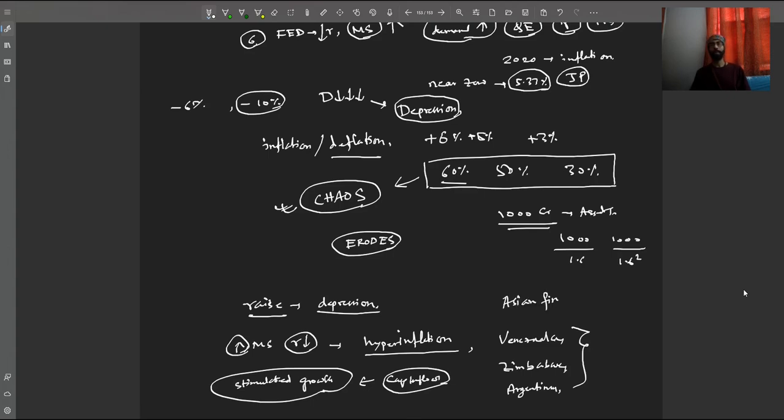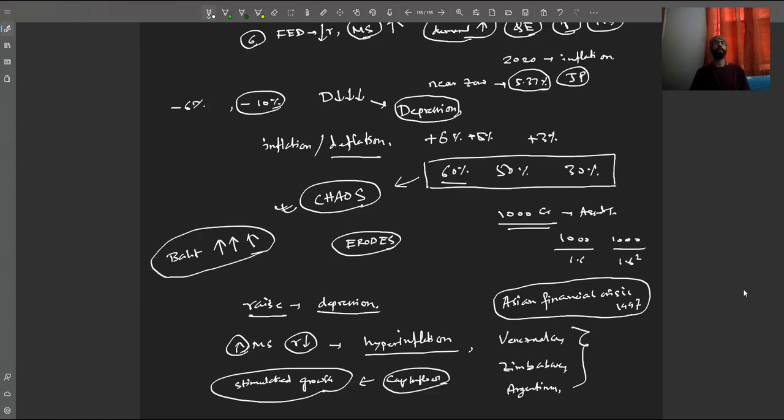For example, you can look at the Asian financial crisis of 1997. This was basically triggered by excessive capital inflows in very small pockets of time. What happened is the baht, the Thai currency, expanded a lot. It went into bubble territory. So the currency became overvalued and the market started speculating against it.